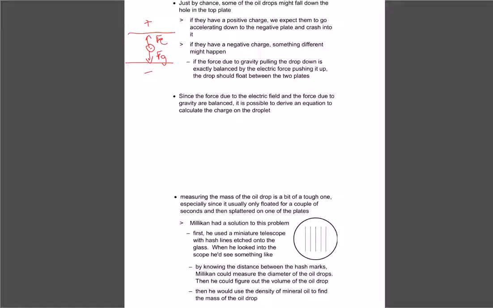He sprayed them randomly, and anytime he got a negative droplet to go inside the hole, he would adjust the voltage to try to get it to float. Because those two forces are equal, all we're saying is that electric force equals gravity. Electric force is Q times electric field, gravity is mass times gravity, and we can change electric field to voltage over distance.